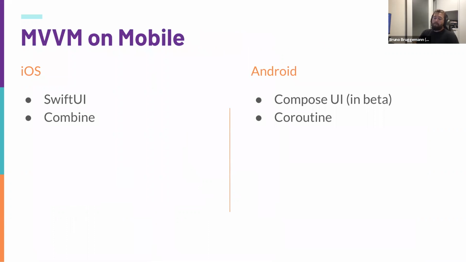Talking a little bit now about mobile. As I said in the beginning, when you think about how mobile used to be using MVP or MVC, we have the activities concept on Android, the view controller on iOS, and this idea of MVVM started with Rx.